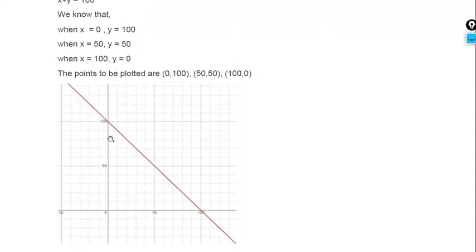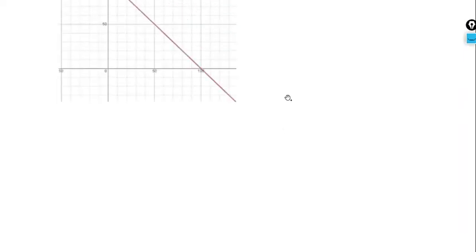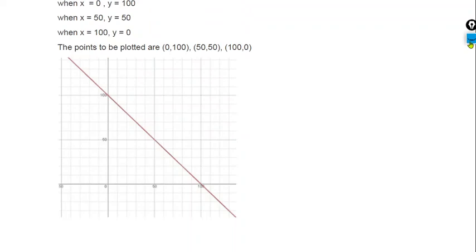Same story. Draw your x-axis, draw your y-axis, and make the intersecting point (0, 0). Now you can see the highest number is 100.